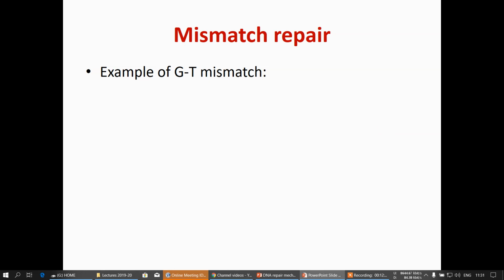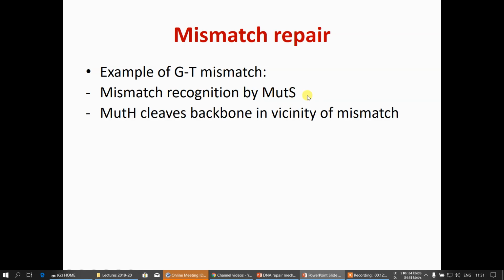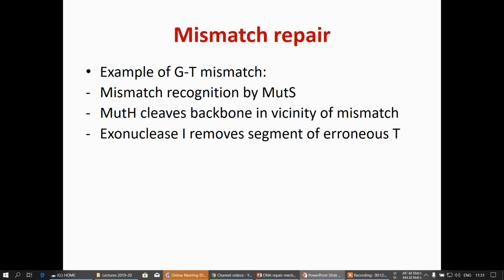So this is the mismatch repair which we have seen in the figure. That is the example of a GT mismatch. What happened? First the mismatch is recognized by the MutS protein, then MutH cleaves the backbone in the vicinity of the mismatch, then exonuclease 1 removes the segment of the erroneous or mismatched T base.